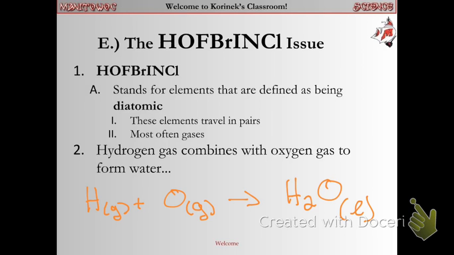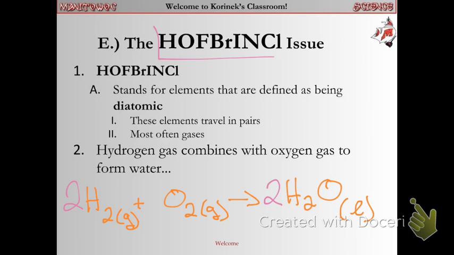I'm going to tell you why this is in class. Oxygen also never floats around alone. We'll show why this is in class. It always has another atom that it's hanging out with. And so instead of just writing H, we actually write H2. And we write O2, still gases. Okay? And that gives us the correct chemical equation. We would then have to balance it with a 2 here and a 2 there.